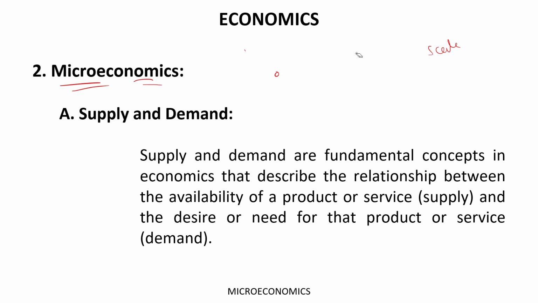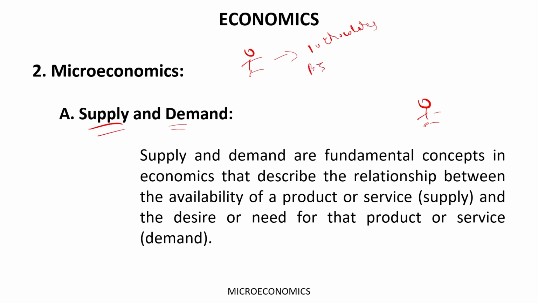First we have supply and demand. What do you mean by it? Basically, if this is a person, and this is a person, this person is demanding 10 chocolates at rupees 5 each. So he can offer rupees 50 to the person who will supply the chocolates to him.